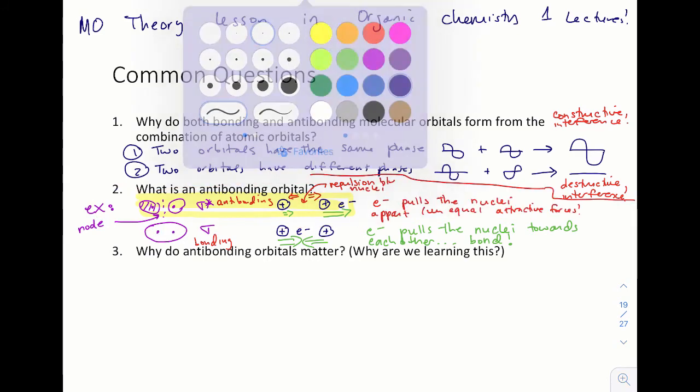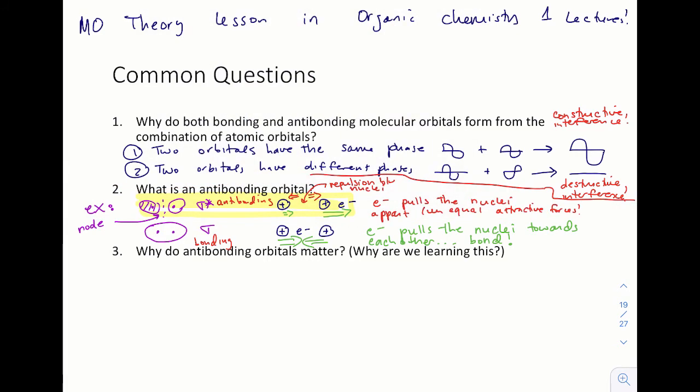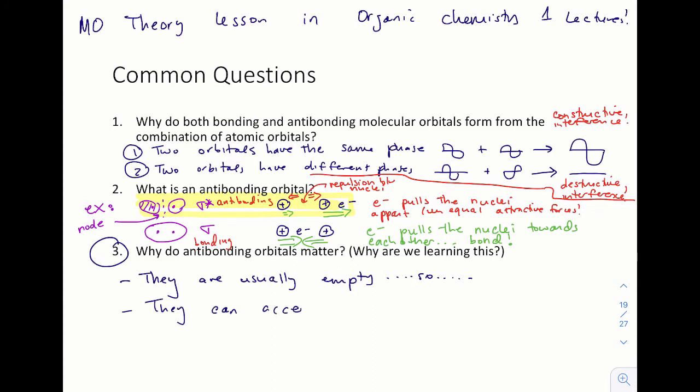All right. Well, now we understand a little bit better what an antibonding orbital is. Why do they matter? You said they're usually empty. Well, they can be filled. They can accept electrons just like any orbital can accept electrons. And then what happens?